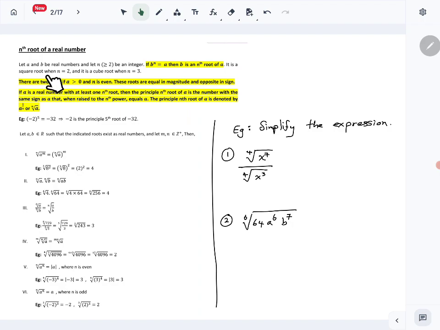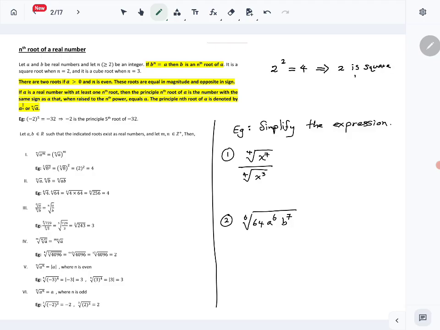So it is a square root when n equals 2 and it is a cube root when n equals 3. So for example, we know 2 squared is equal to 4. So then 2 is the square root of what?